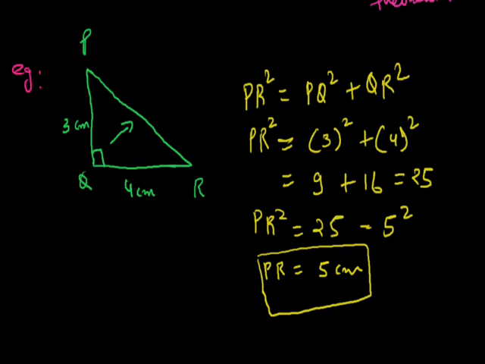Now the values which we have obtained here are 3 cm, 4 cm and 5 cm. These three sides form the sides of a right angle triangle which follow the Pythagoras theorem. Thus these three numbers are known as Pythagoras triplet or Pythagorean triplet.